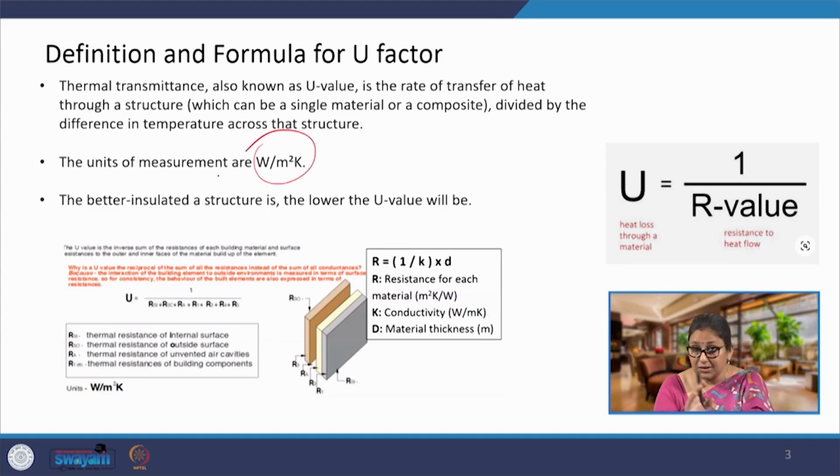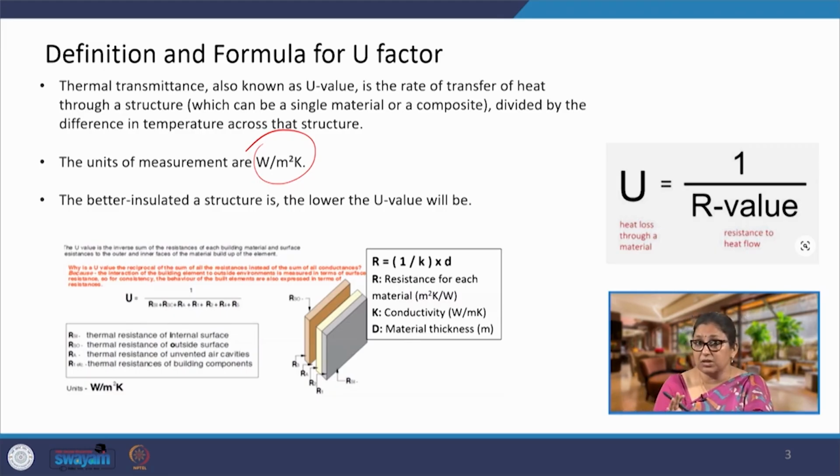Now, what is the difference between calculating the heat exchange and energy reduction for a fenestration, a glass window, versus a wall or a roof? These are the three primary elements of the building envelope. We will have transparent surfaces like glass, which could be a window or a skylight as part of the roof. Then walls of different materials, and roofs.